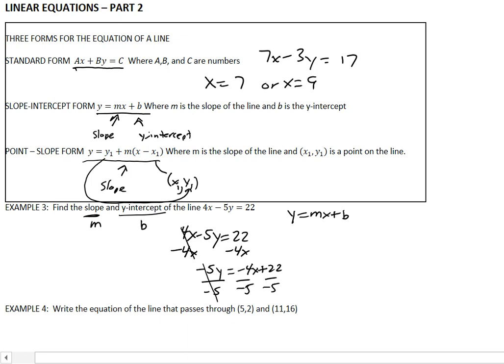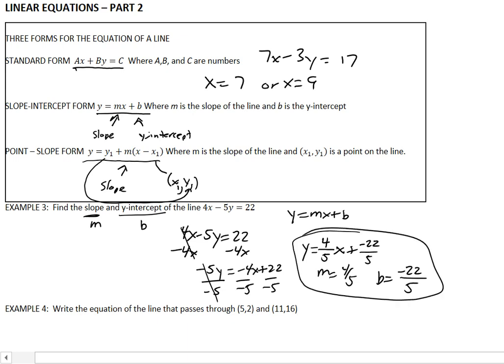And negative 4 divided by negative 5 becomes positive 4 over 5 x, plus negative 22 fifths. And so the slope is 4 over 5, and the y-intercept is negative 22 over 5. We got that by solving that equation.